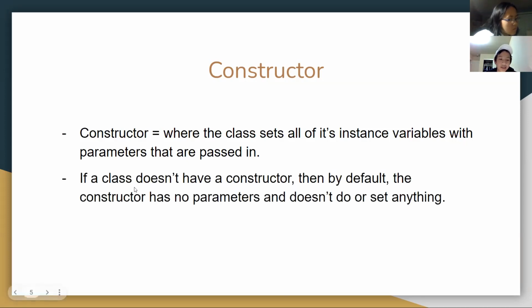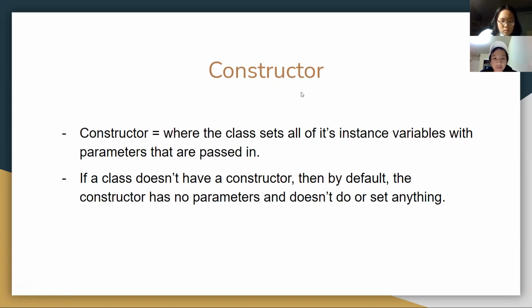If a class does not have a constructor, then by default the constructor has no parameters and doesn't set anything. It's not required, but if you want attributes like we did before, like a blueprint, you would probably want to use a constructor.